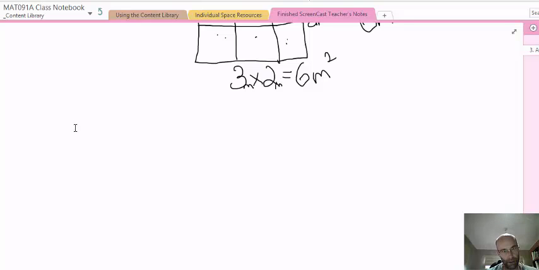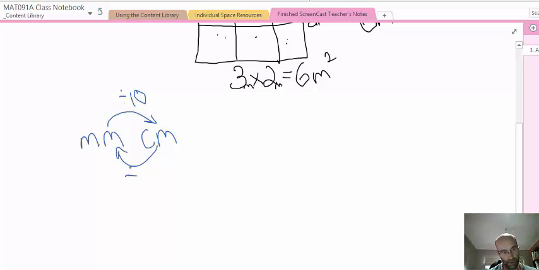We saw that previously with linear units for length, if we have millimeters, converting them to centimeters. In the previous video we saw that we have to divide by 10 going in that direction, and multiply by 10 going that way.